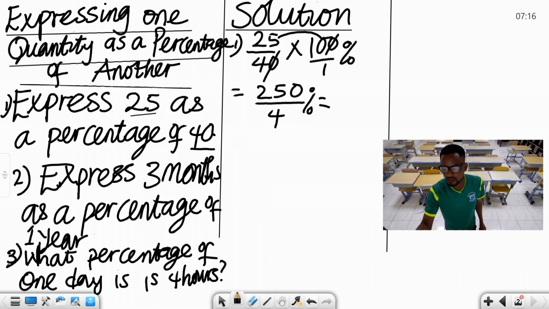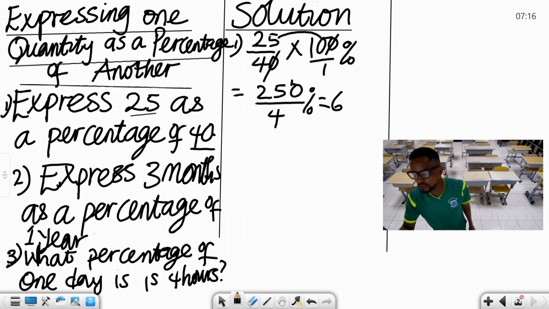Then put the percentage sign. 25 divided by 4 is 6. Of course, it remains 1. 10 divided by 4 is 2. And that will make that 120. If you don't want to do it in decimal, so that is 62 number 2 over 4%.